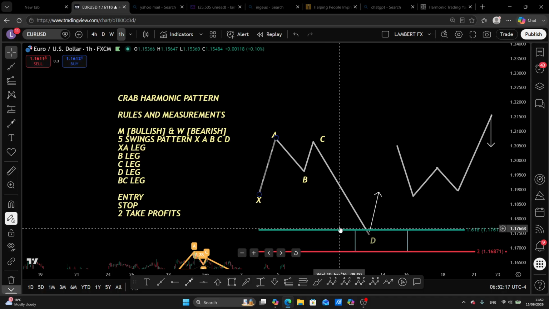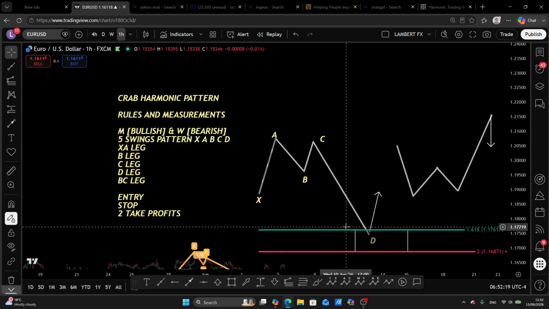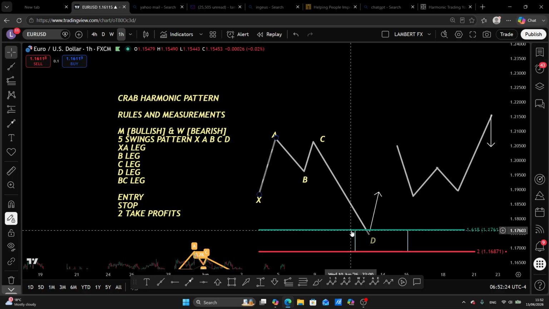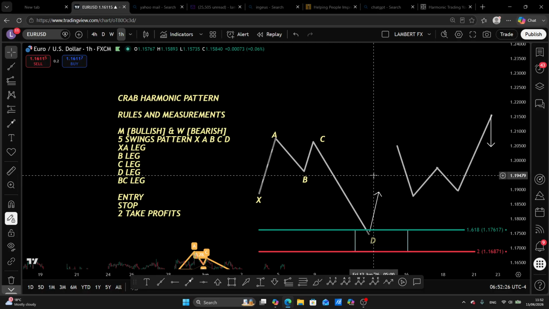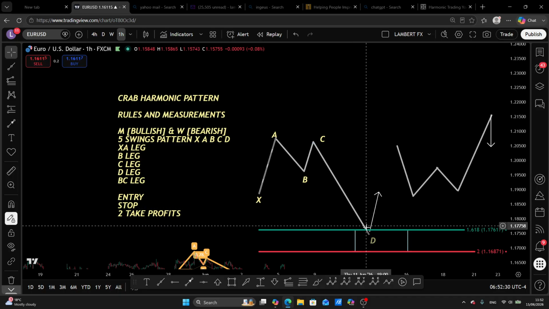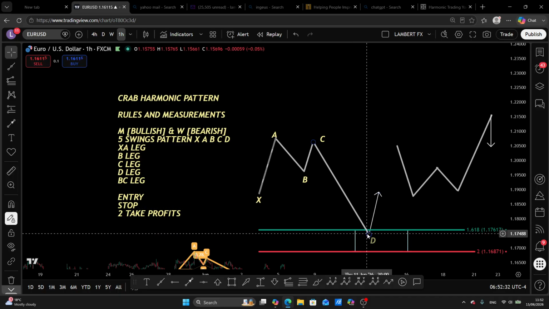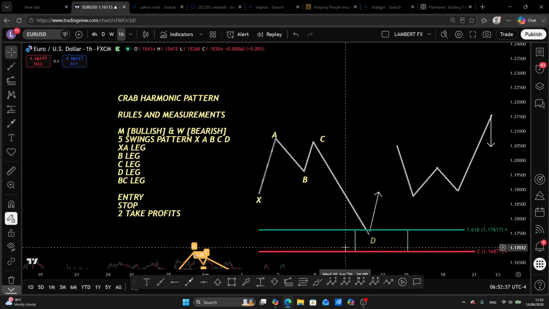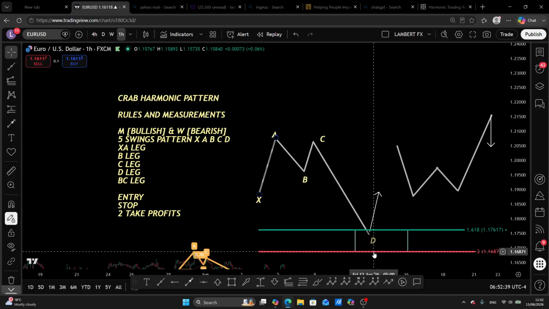Most times it breaks 1.618. 10-20% of the time it touches 1.618 and then moves to the opposite side. But the majority of the time it breaks and closes below 1.618, which is still valid as long as it did not take out the 2.0 fib.